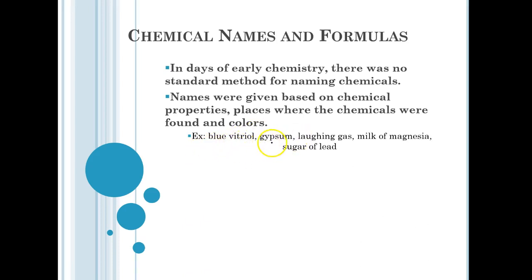Gypsum is calcium carbonate or calcium oxide. Laughing gas is dinitrogen monoxide. Milk of magnesia, they call it that because it was made out of magnesium carbonate, I think, and you put it in water and it looks cloudy. And then sugar of lead is lead acetate. And so they had all these just weird names.